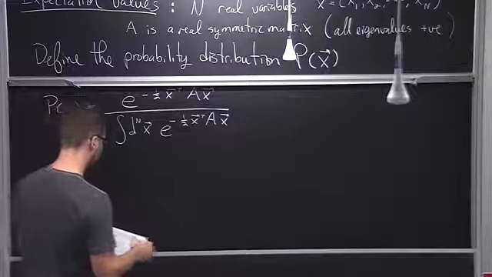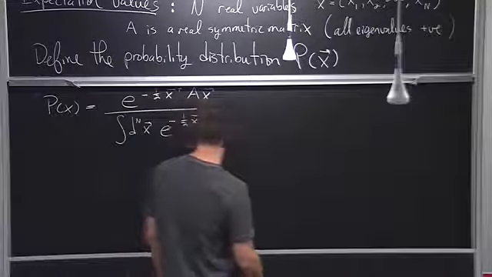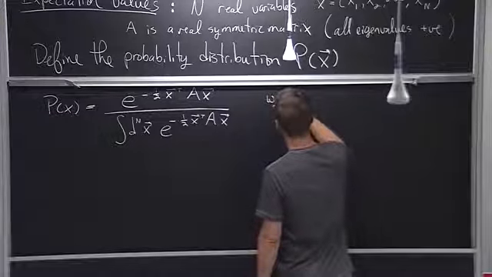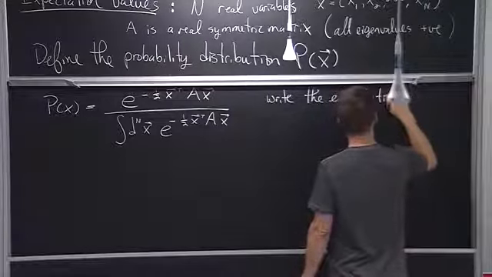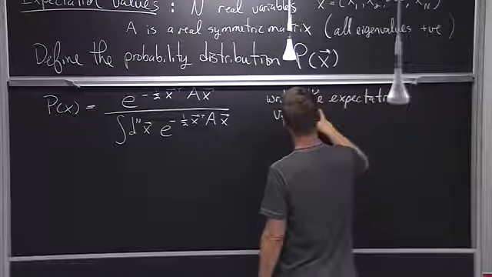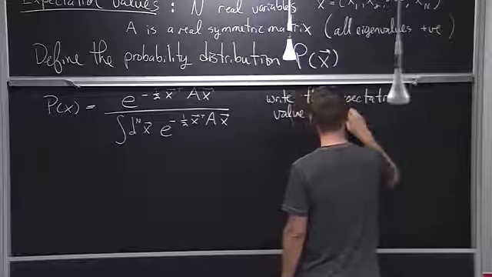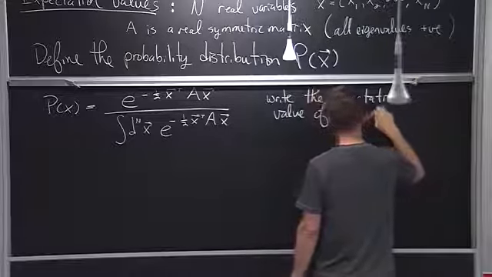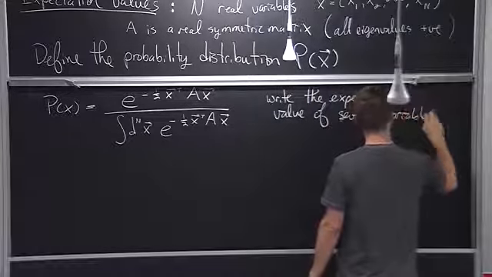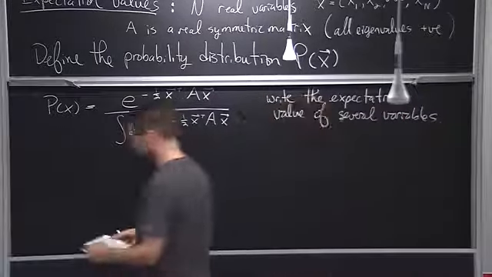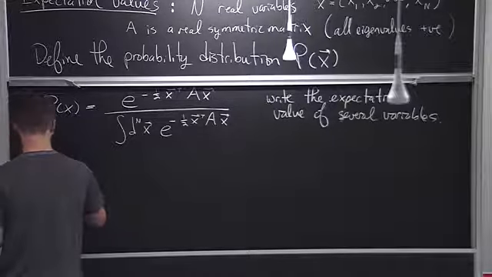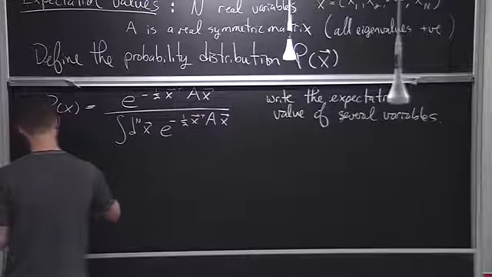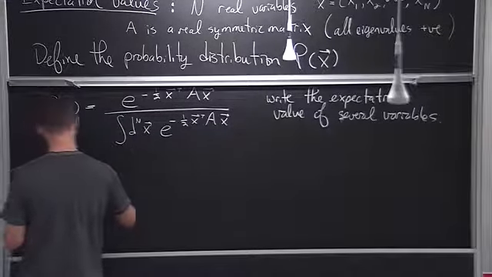So most generally, the expectation value of several variables can be written in terms of this. Several of my x's, I'll label them with indices i, which is going to get messy.